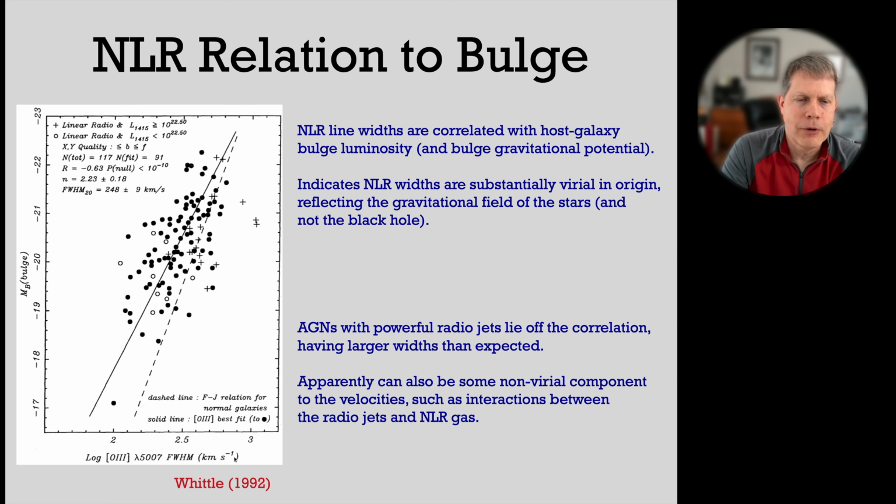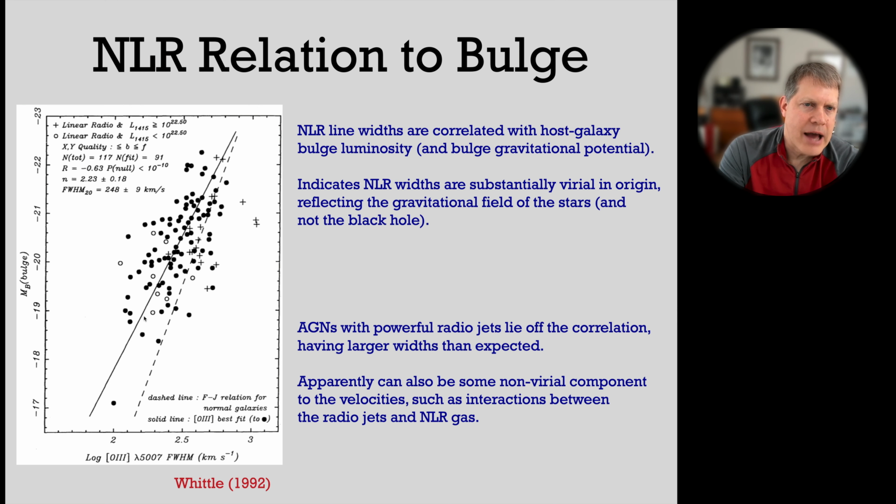Other important work from the early days is that you can look at the narrow line region line widths and see how they correlate with the host galaxy bulge luminosity. And they clearly do correlate with it. And you can see here a nice example of that. This again shows the bulge luminosity, which is telling you essentially what the bulge gravitational potential is like, versus the O III full width half maximum.